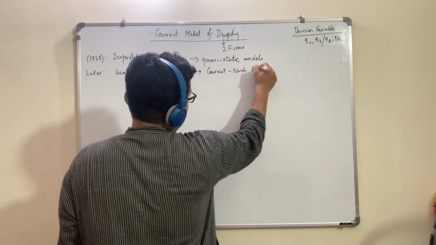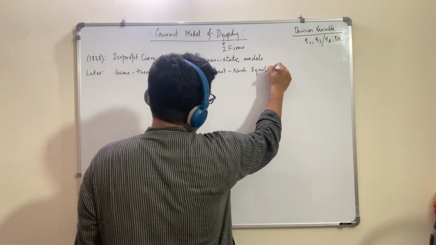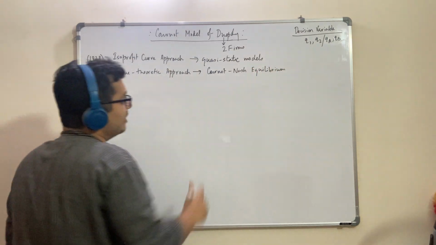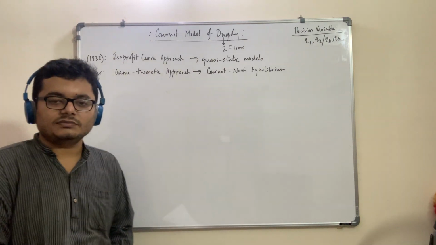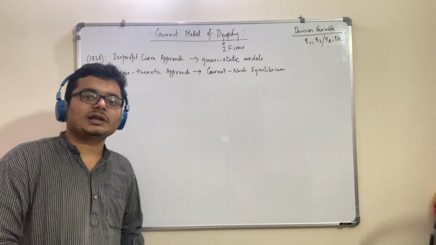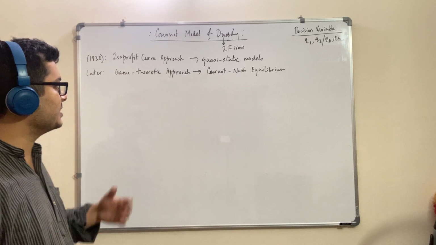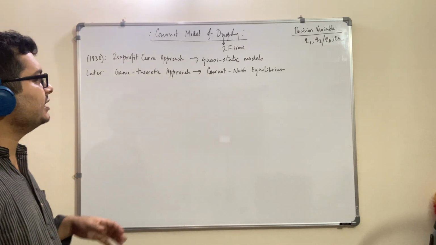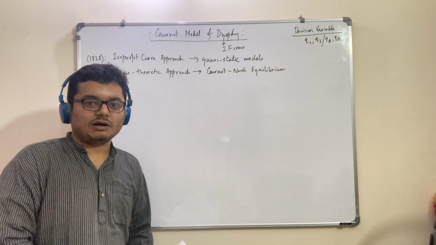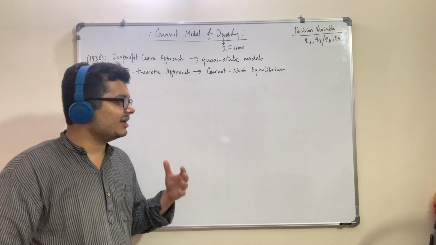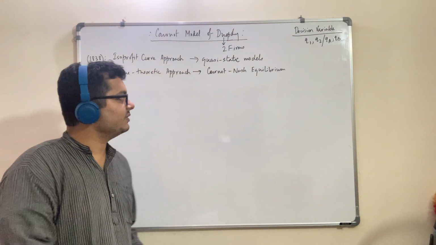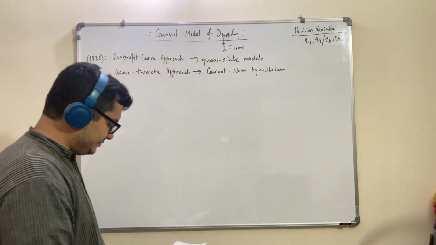Here we apply the idea of Nash equilibrium in the setting of the Cournot model, and we see what is the result. Thankfully, the equilibrium output doesn't change, and our problem of analysis gets resolved. We will see that later.